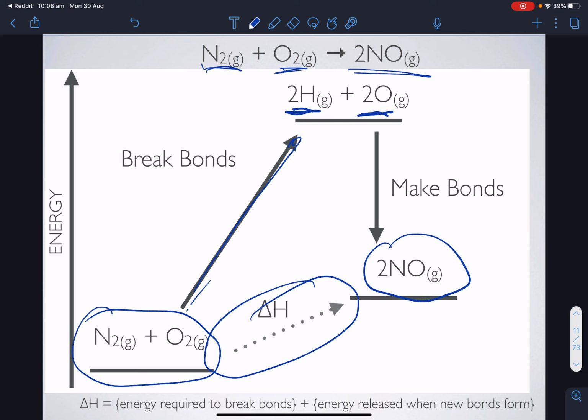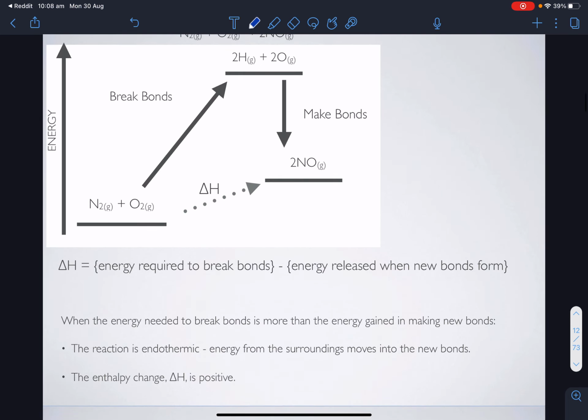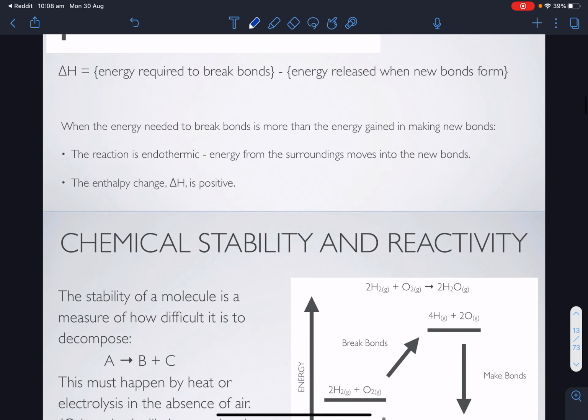And in this case, for this reaction, it's positive, okay? So our energy that we put in to break bonds, our positive there going up our scale, is much bigger than our negative coming back down. So our enthalpy is positive. Okay. That's just what I said there.